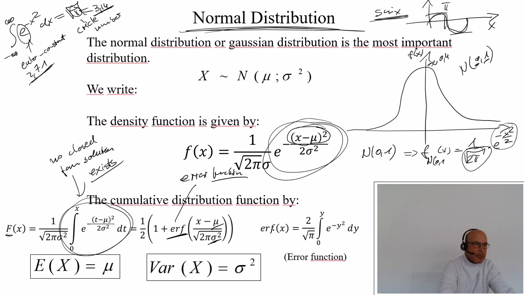So this is maybe some kind of philosophical reason why we are using the squared distance. Then just by definition, the expected value is mu of the normal distribution, and the variance is by definition sigma squared.